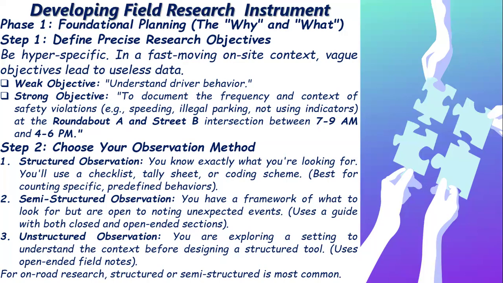Semi-structured observation: you have a framework of what to look for, but are open to noting unexpected events. Use a guide with both closed and open-ended sections. Unstructured: you are exploring or getting to understand the context before designing a structured tool, using open-ended field notes. For on-road research, structured or semi-structured is most common.